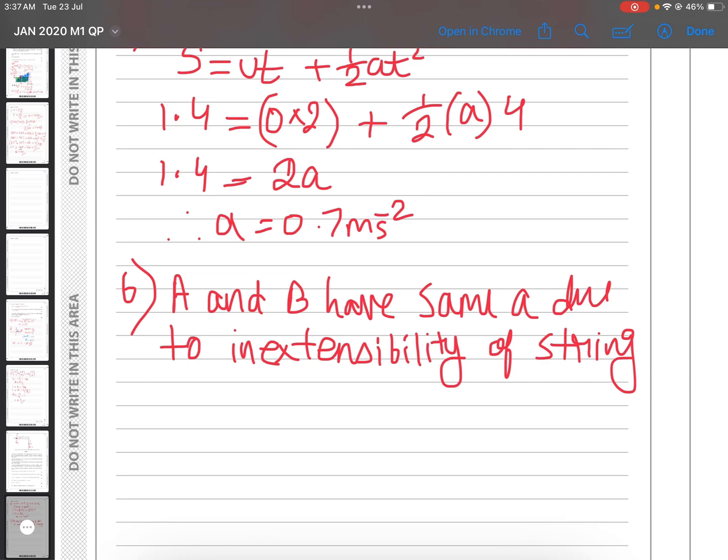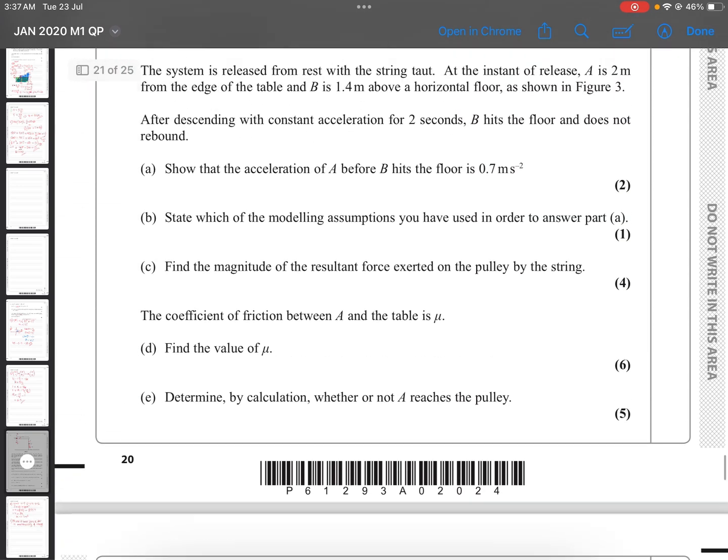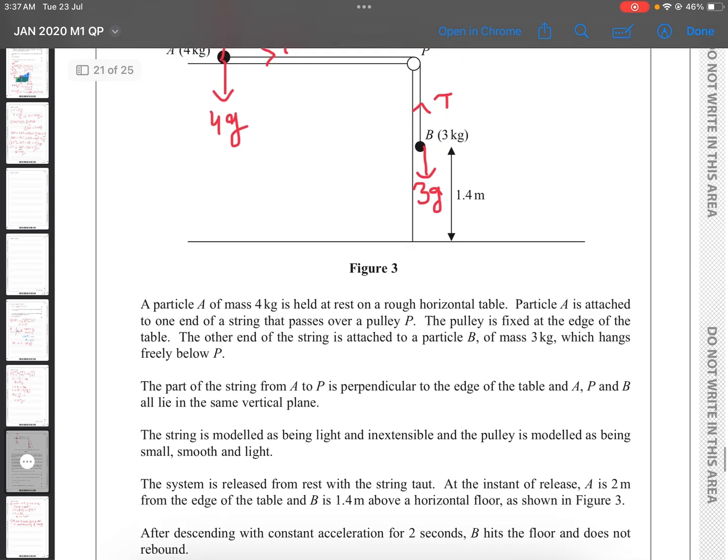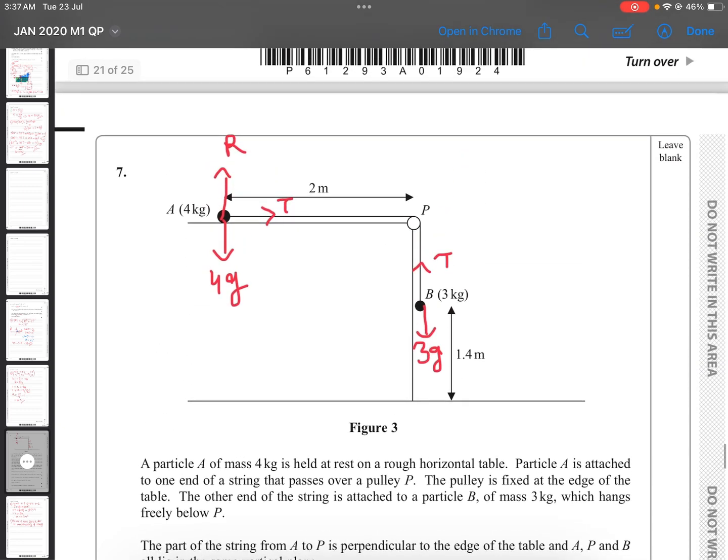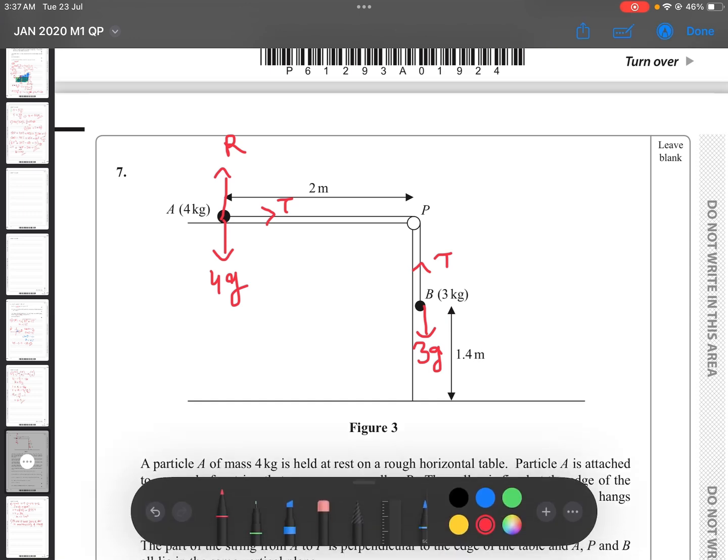Now part C. Part C states: find the magnitude of the resultant force exerted on the pulley by the string. Now this question is very common, so make sure you learn it well. The pulley is acting here, right? This is pulley P. A tension force is acting this side, a tension force is acting this side.